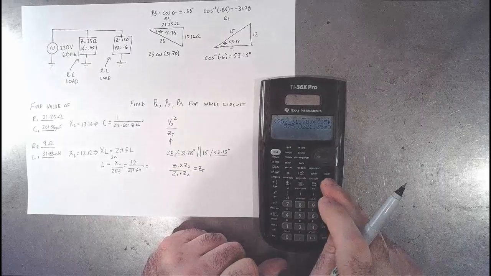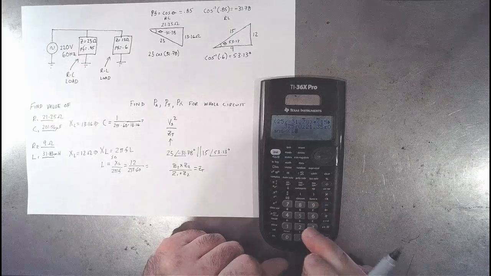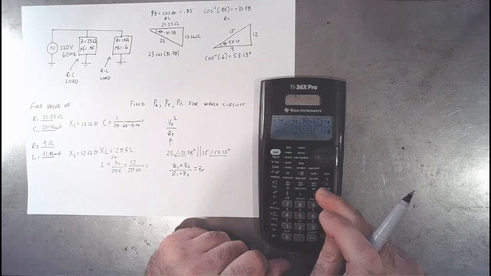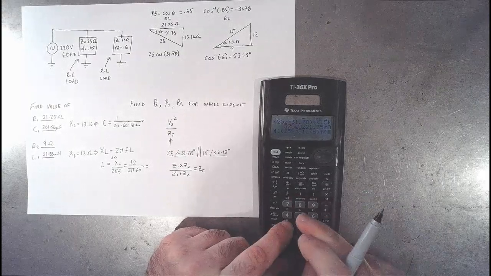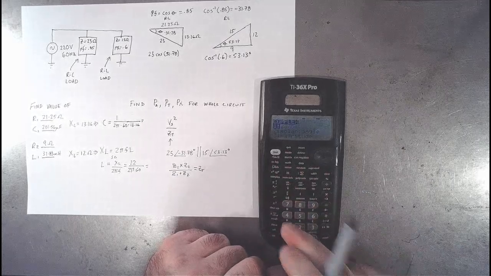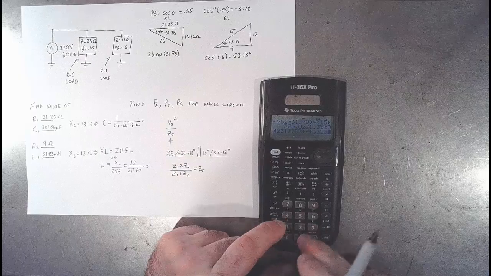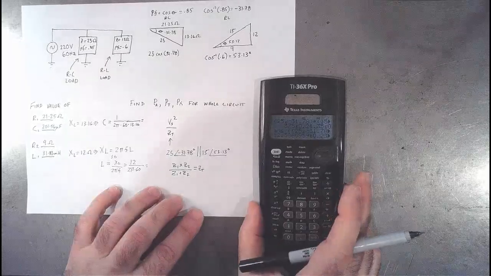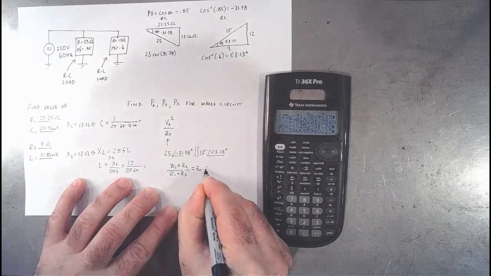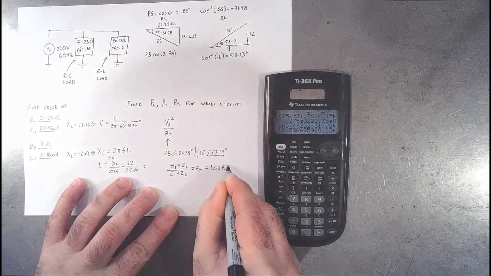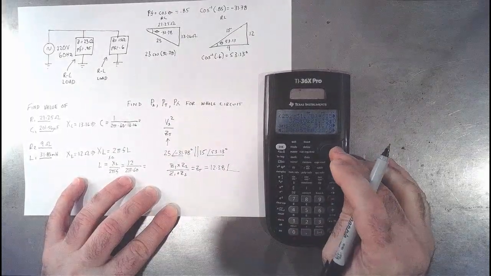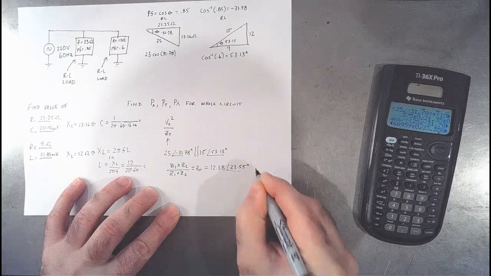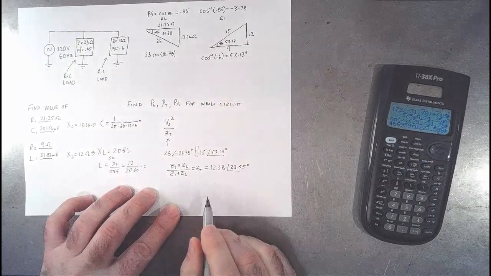So there's that, divided by 25 at an angle of minus 31.78 plus 15 at an angle of 53.13, close parentheses, and that gives me 12.38 ohms at an angle of 23.55 degrees. Okay, so this is ZT.